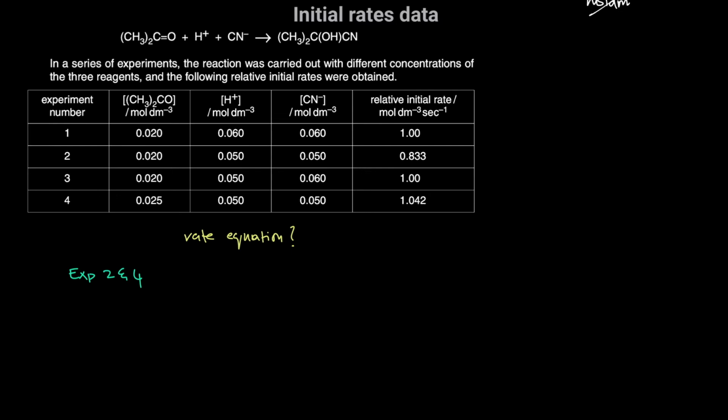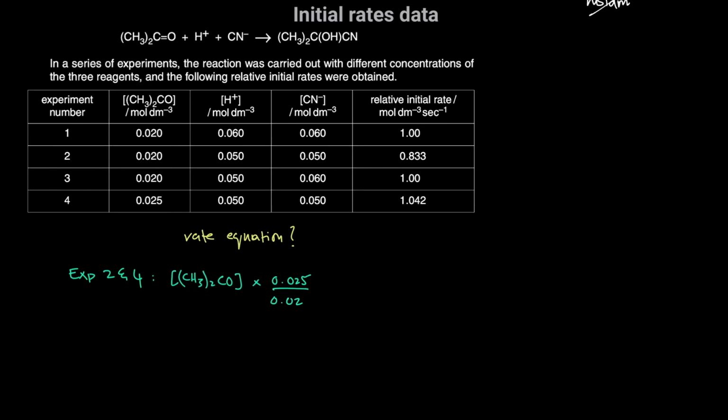In experiments 2 and 4, we're changing the concentration of the ketone, so we're keeping the concentration of H plus and the concentration of cyanide ions constant. The concentration of the ketone, (CH3)2CO, changes by a factor of 0.025 divided by 0.02.